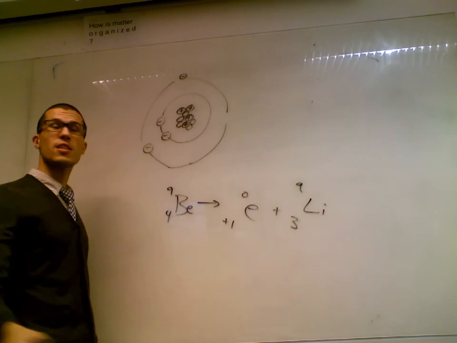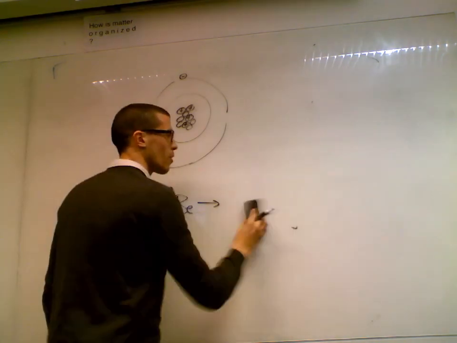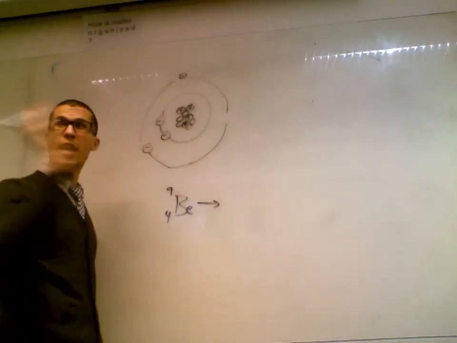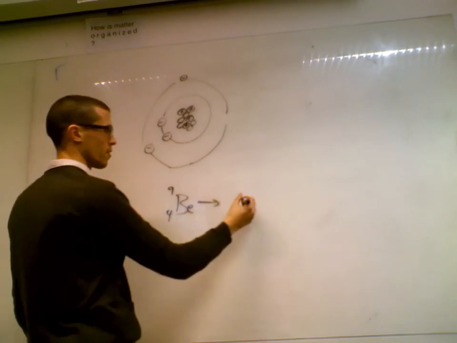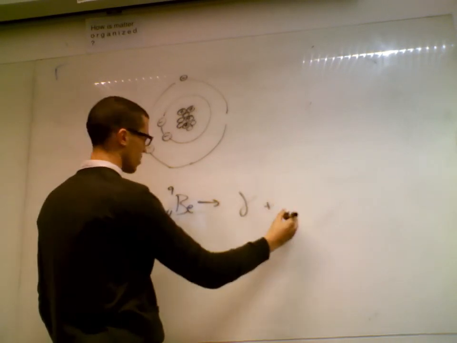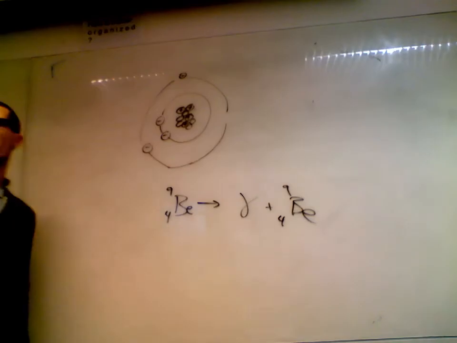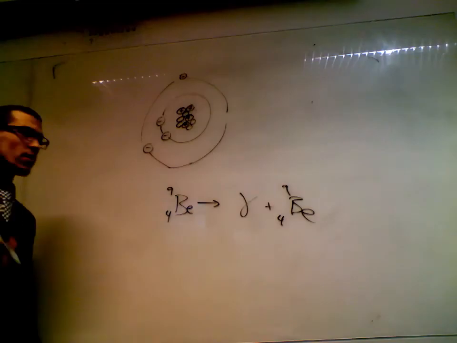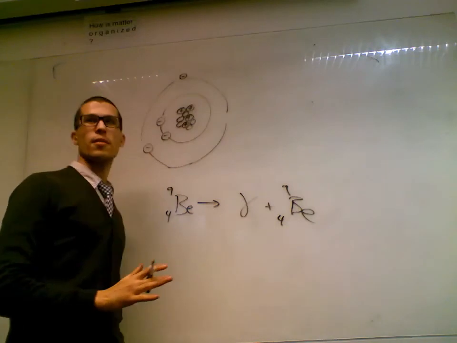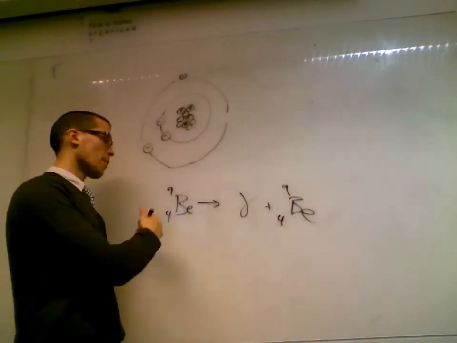The final one's the easiest. That's a gamma. So what would this equation look like if we are shooting out a gamma? Is it just nothing? It's just like this. The most energetic is the gamma. With gamma, nothing happens to this atom.